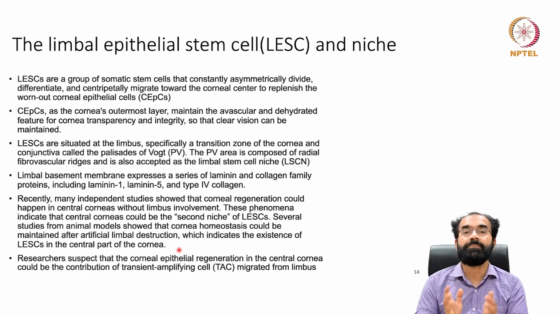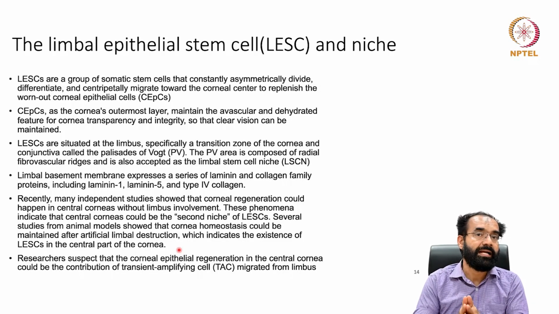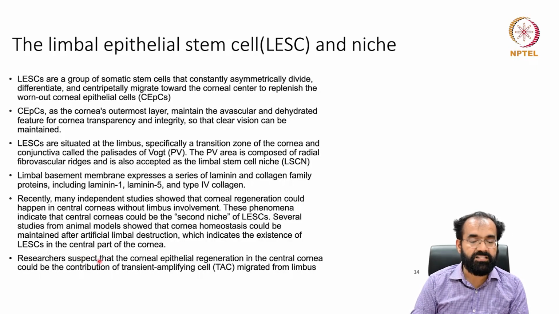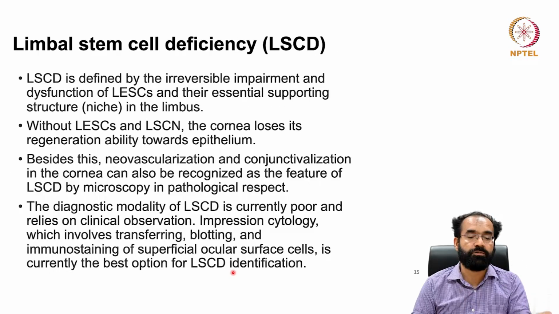That means even if the limbus is damaged, sometimes the cornea is not affected very badly because it has the stem cell niche in the cornea itself. Researchers suspect that corneal epithelial regeneration in the central cornea could be the contribution of transiently amplifying cells, TACs, migrated from the limbus some time ago, which make copies of themselves and also maintain the epithelium.